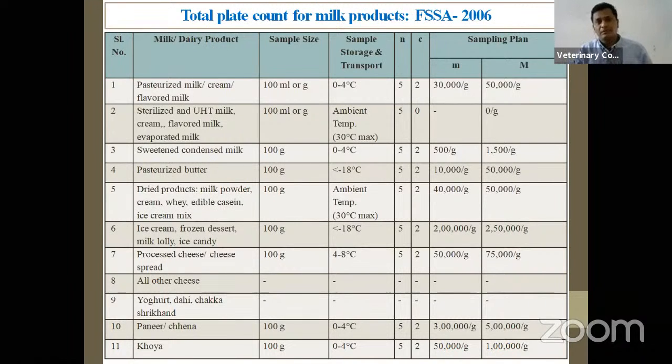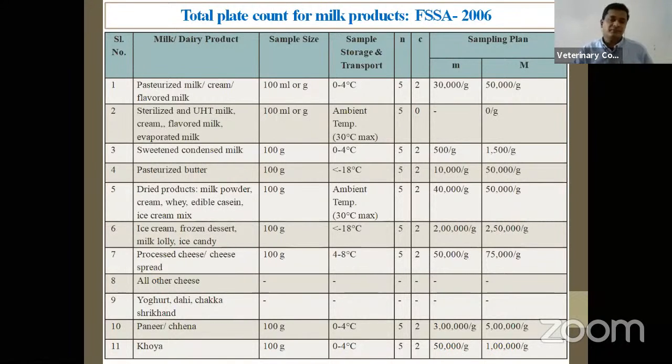What amount of sample is to be collected? Now we are discussing the total plate count, aerobic plate count, or standard plate count. India follows ICMSF specifications. ICMSF is a non-governmental, not-for-profit organization, just like ISO. It is made up of experts in the area of food safety, food hygiene, and microbiological aspects associated with food.